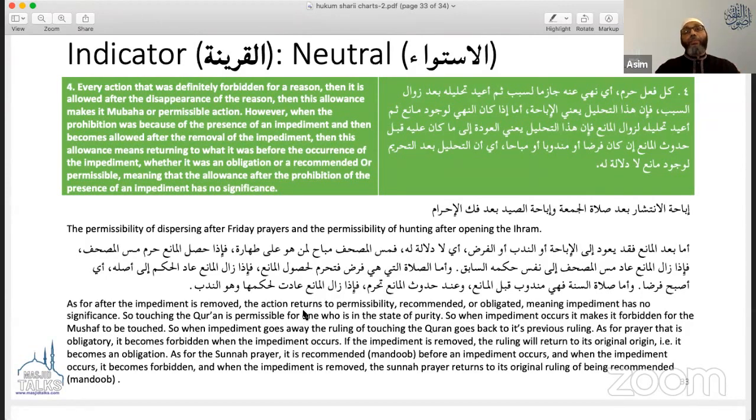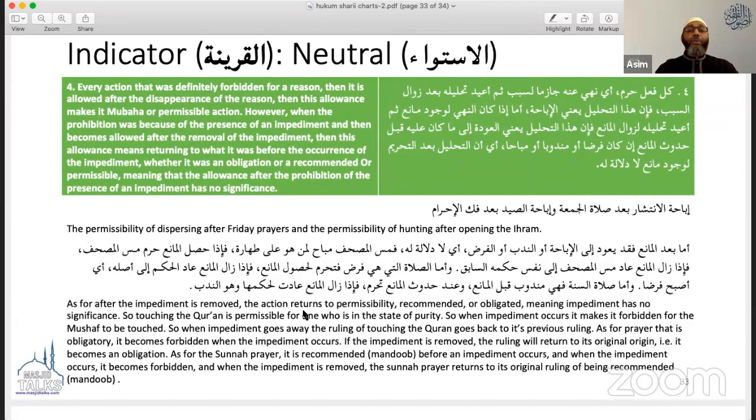On the other hand, when the prohibition was because of the presence of an impediment, the mani', and then it becomes allowed after the removal of the impediment. The first part I mixed up a little bit. The first one was about a sabab that was causing an action to be haram. If the sabab goes away, then it goes back to mubah.